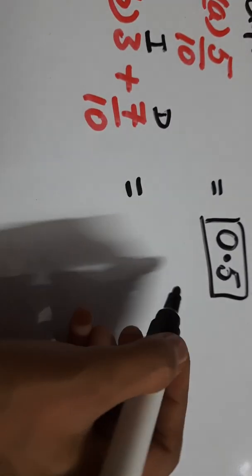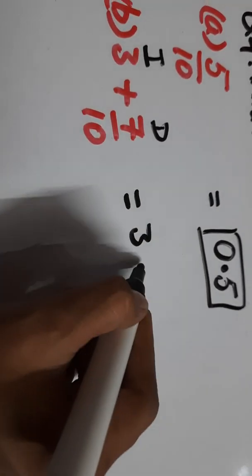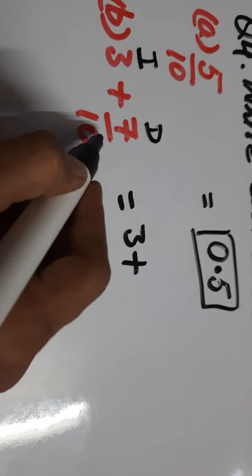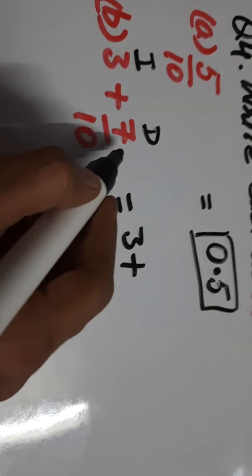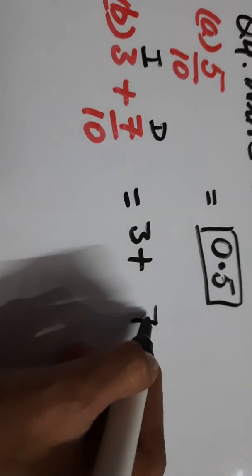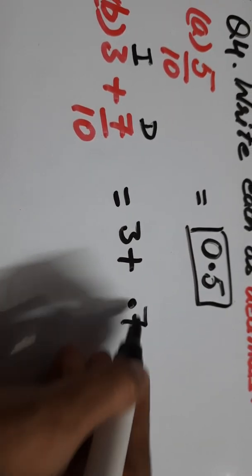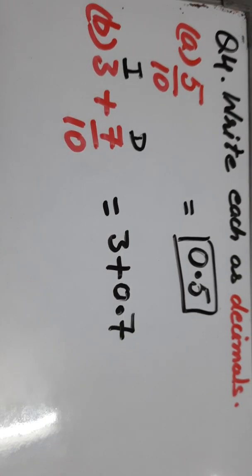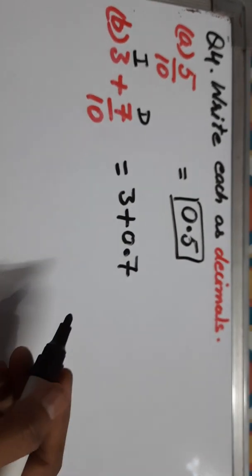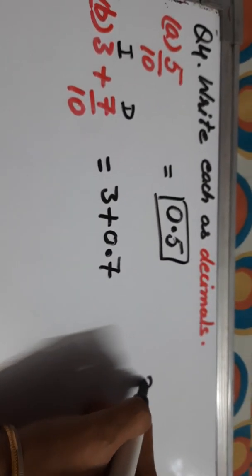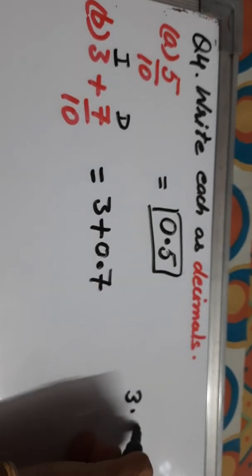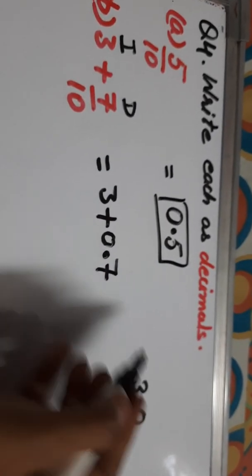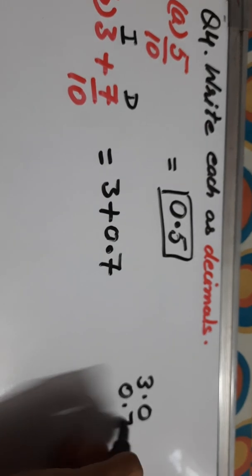So we will write it as 3 as a whole number, plus for this 10 it carries only one 0, so we will place a decimal leaving one digit, and which is that one digit? Only 7. Then place a decimal, and here comes 0. So again to add this we can do 3 because no decimal is there. So let us take 0.0 and 0.7, will write it as 0.7.